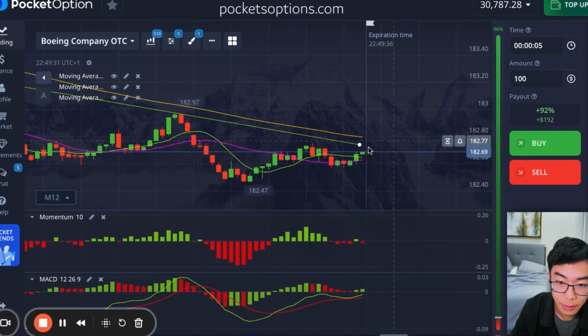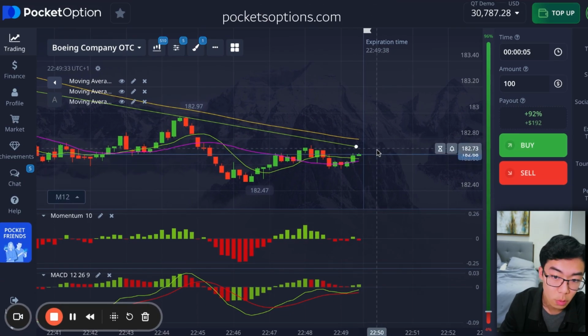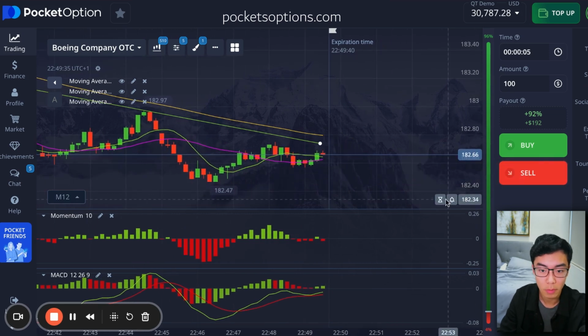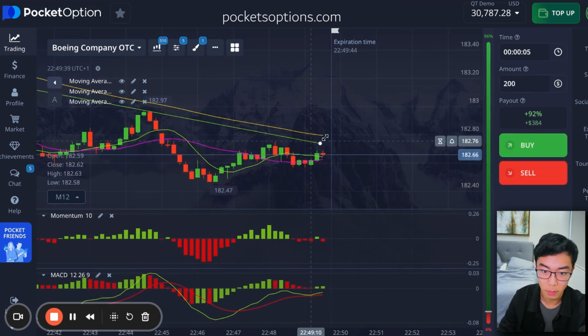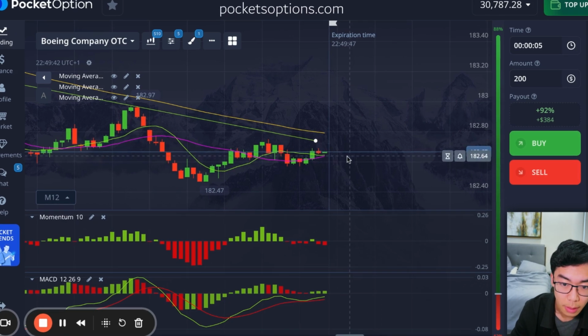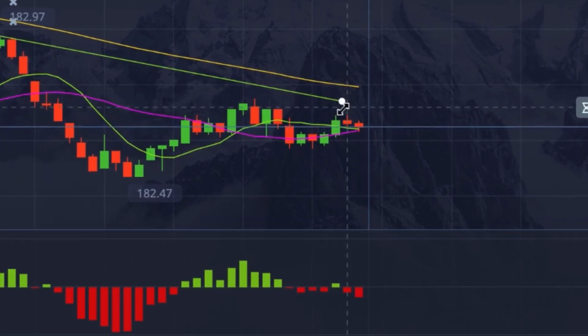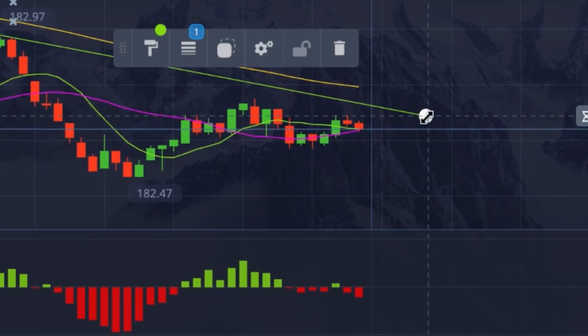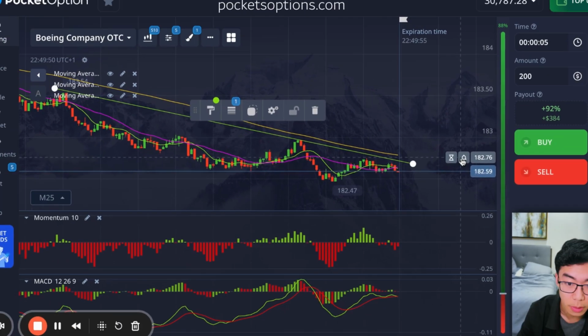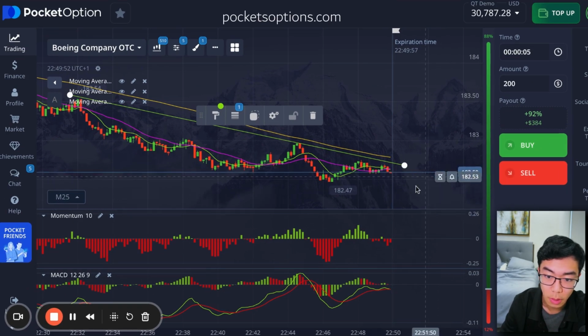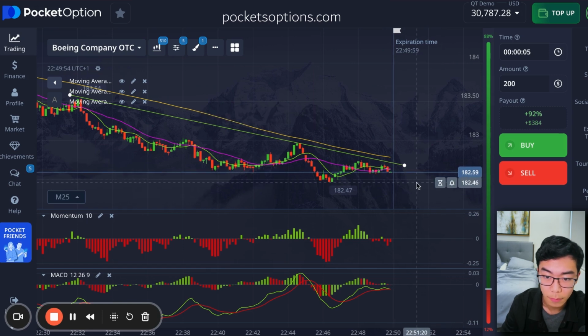So potentially when it reaches roughly this level right here, we could sell off. This will be a resistance level. That's pretty good. Let's do 200 right there. And hopefully when it goes up a little bit more, roughly around there, it'll be a good position to do a sell off.